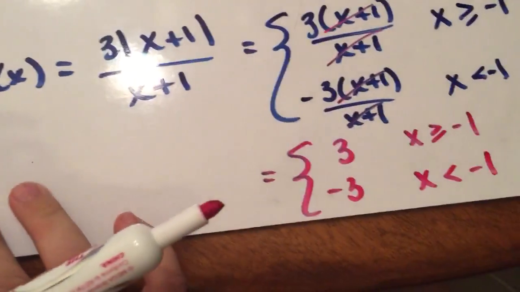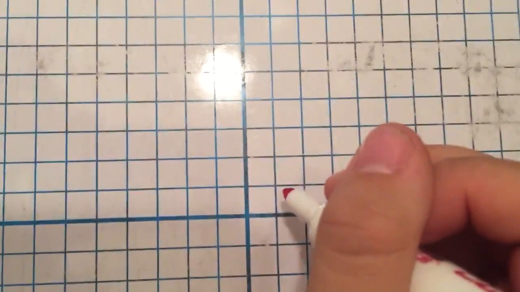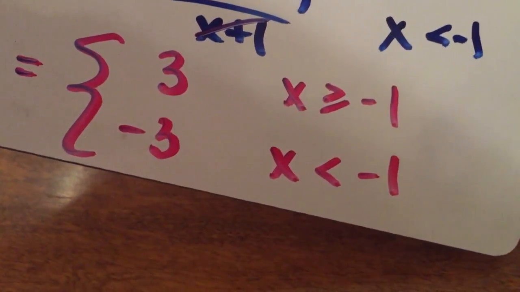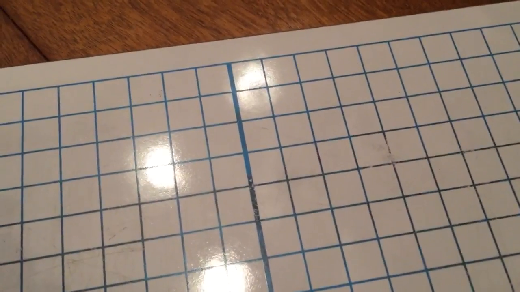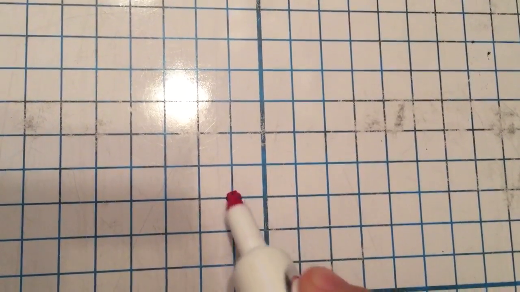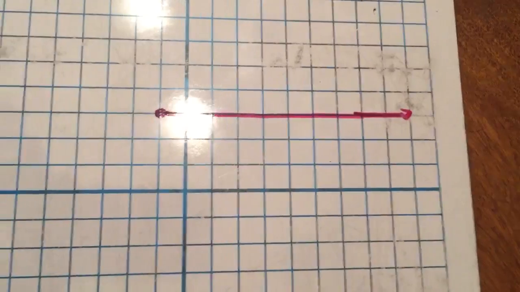So if I were to graph this, I know that it's 3 for all values greater than or equal to negative 1, and it's greater than or equal to, so I have something that looks like this.